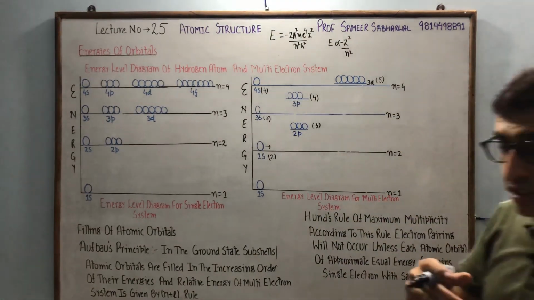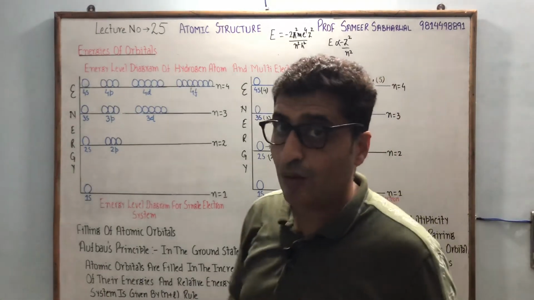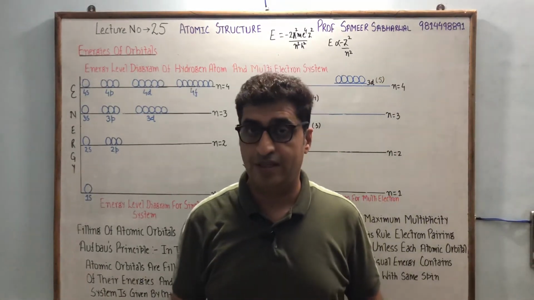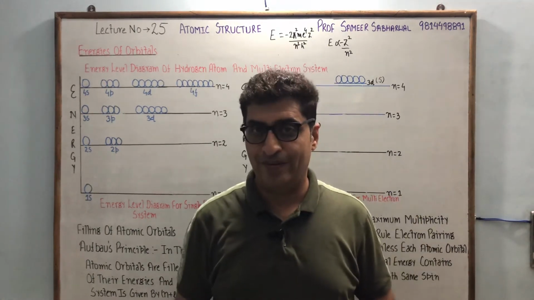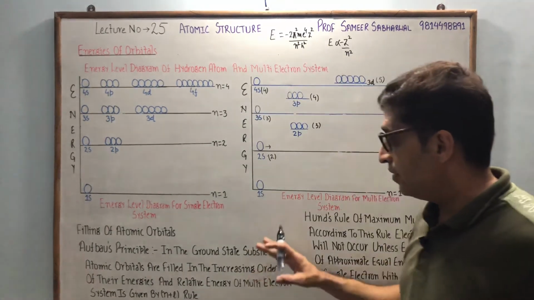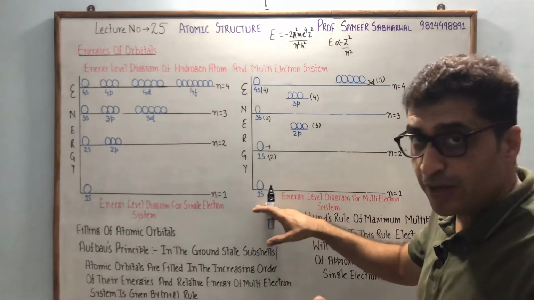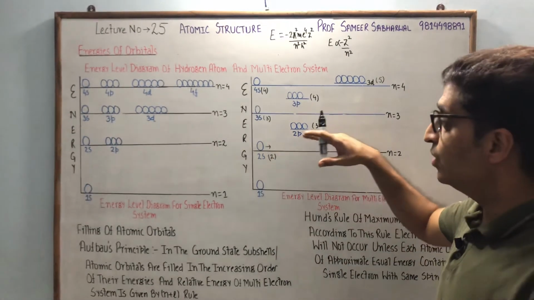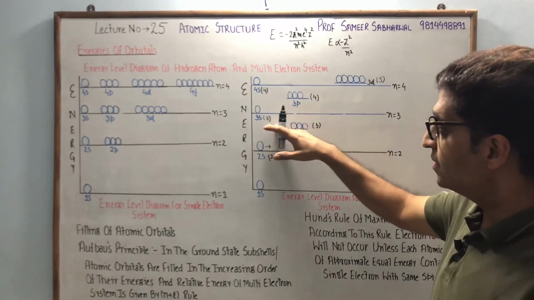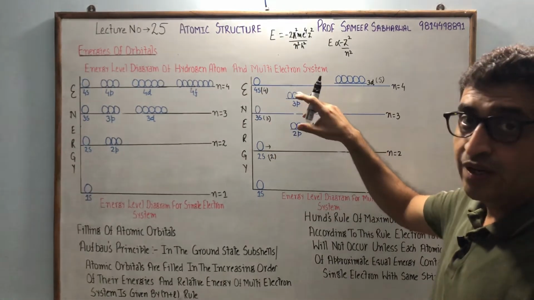The subshells are arranged in the order of their increasing energies, and energy is decided by the n plus l value. Now you can see 1s having minimum energy, then comes 2s, then 2p, 3s, 3p, 4s.